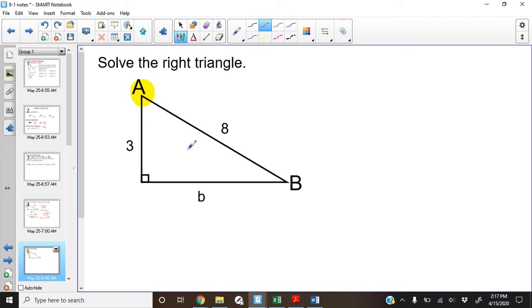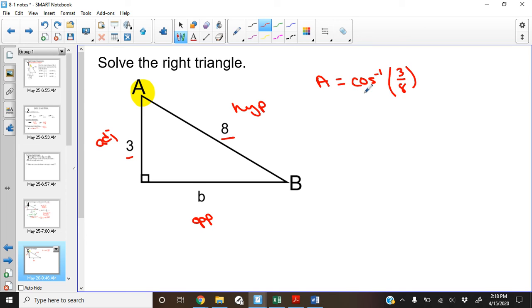Well, with respect to angle A, this is the opposite side, this is the adjacent side, and this is the hypotenuse side. So I have the values of 3 and 8 given to me. So I'm going to be using the adjacent and the hypotenuse, which is cosine. So that means angle A equals inverse cosine of 3 over 8.